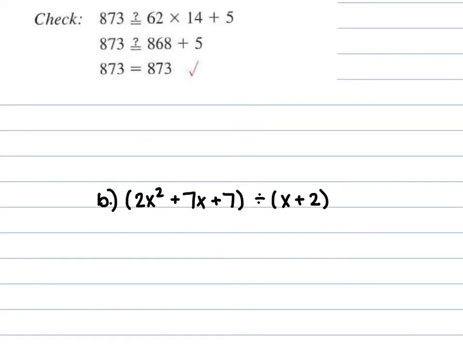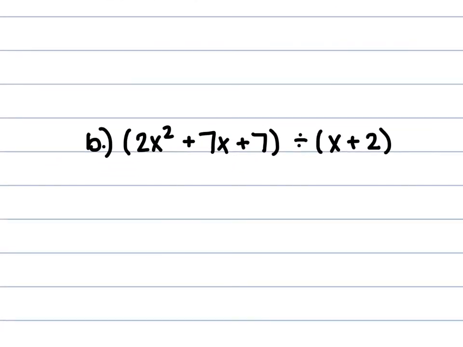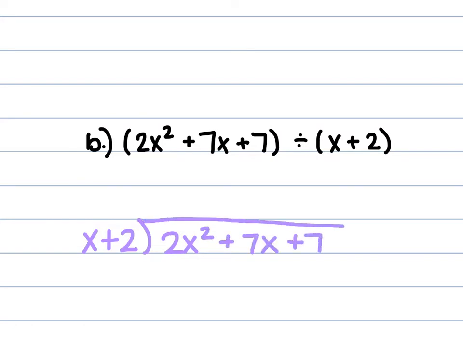If we look at example B, we have 2x squared plus 7x plus 7 divided by x plus 2. So that x plus 2 goes on the outside, and then the 2x squared plus 7x plus 7 goes on the inside. The x times what is the 2x squared? It's going to be 2x.